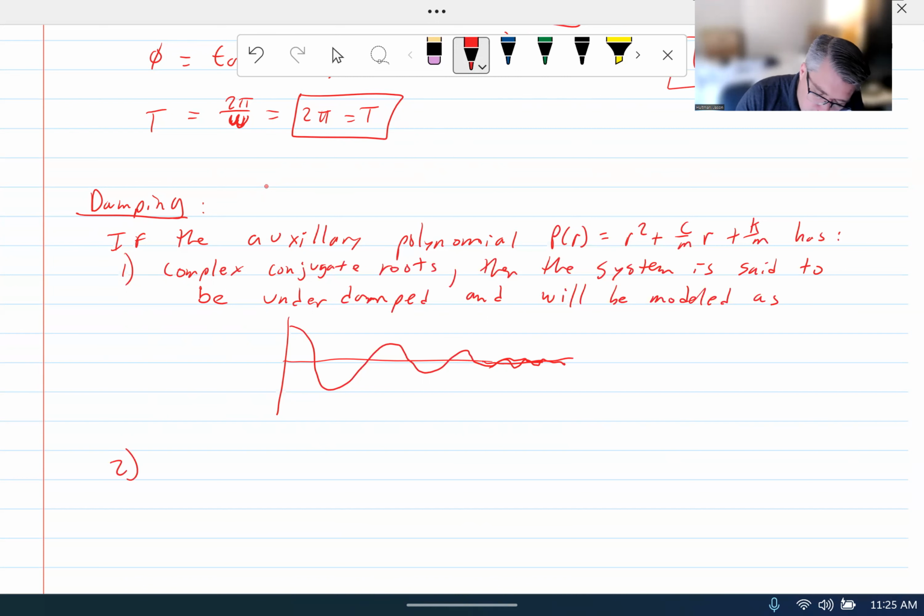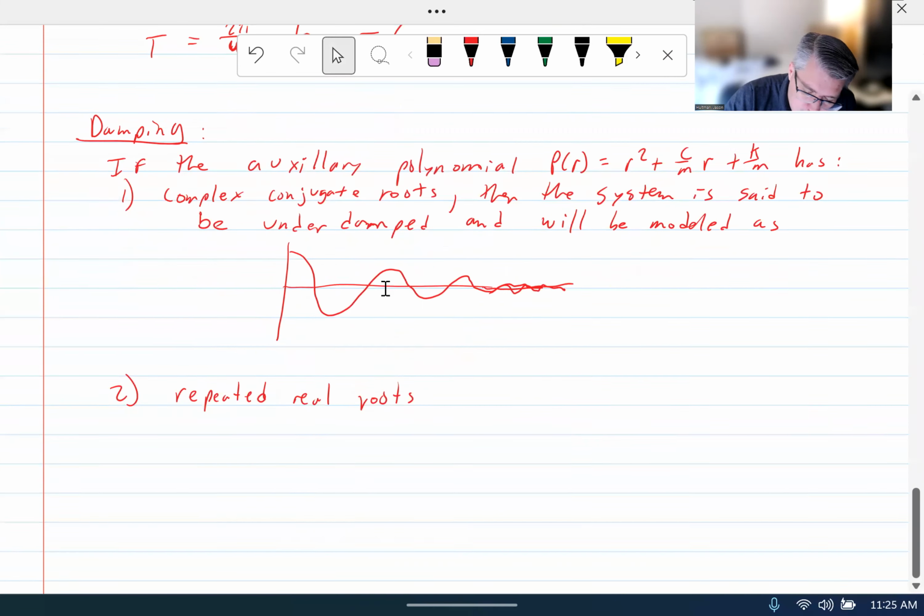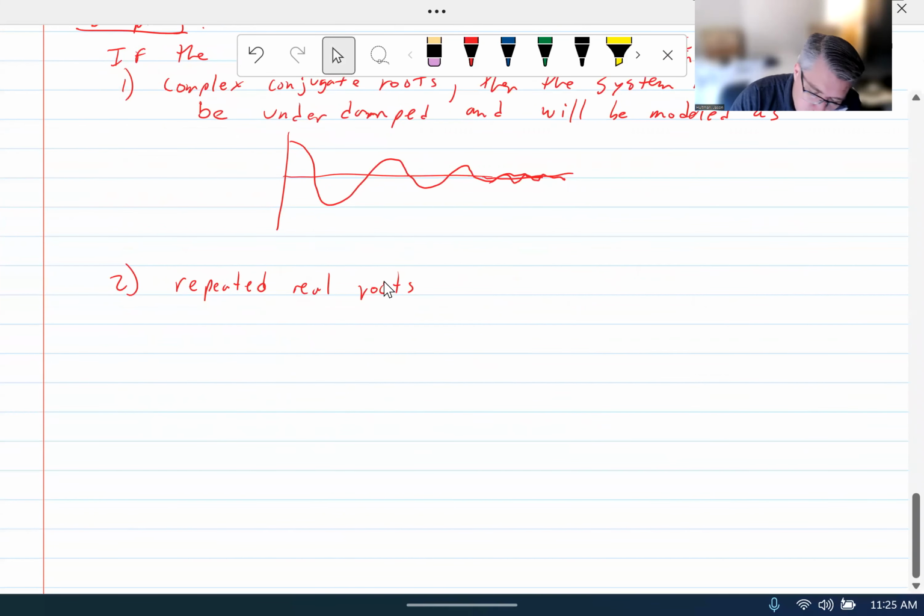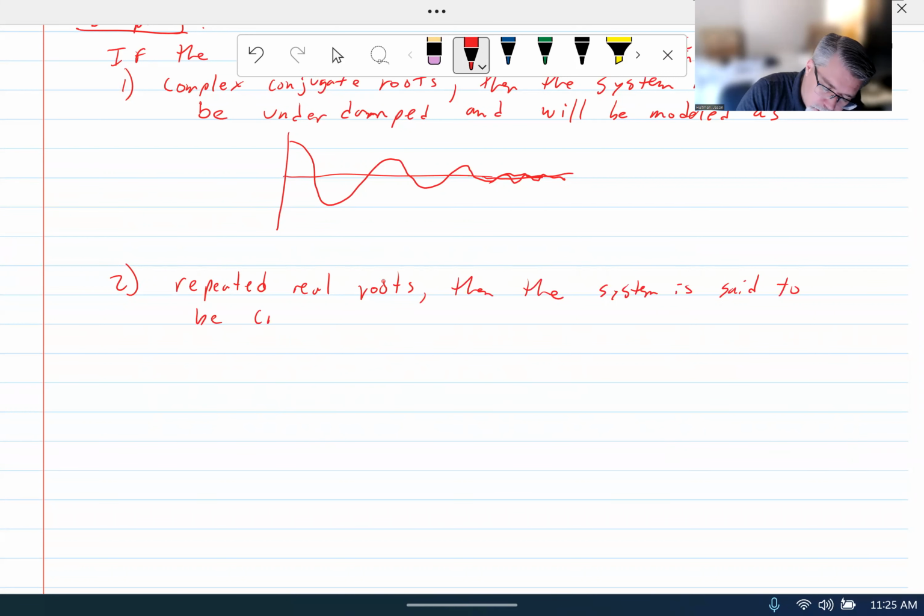If it has two repeated real roots, like we got in the last problem that we did, then the system is said to be critically damped.